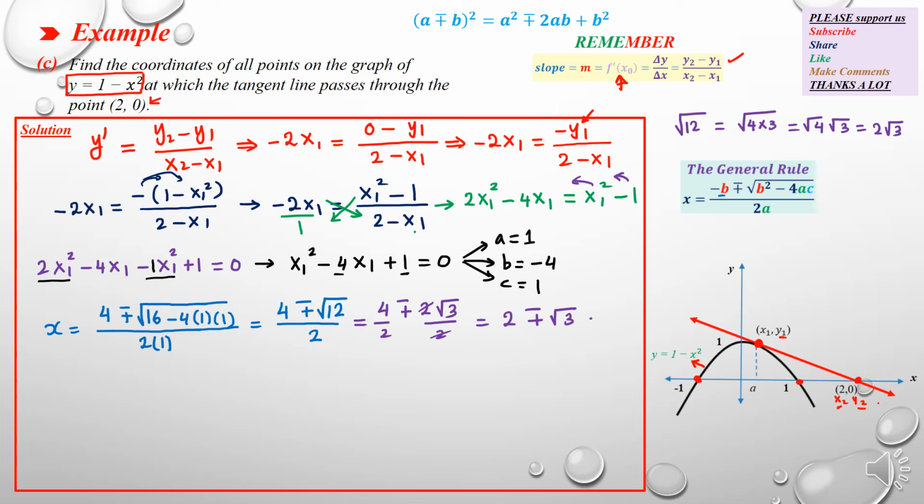But here you have to find all points. This means you have to find x coordinate and y coordinate. And to do that, you have to plug in the values of x you get here in the curve of y to get the tangency points.